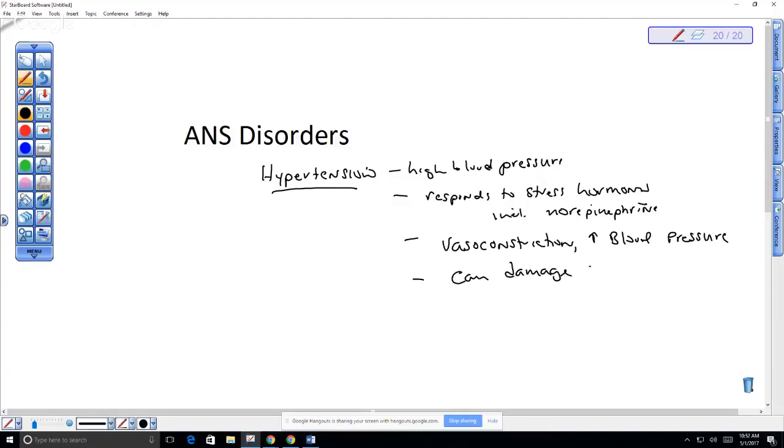It can damage capillaries. It can also damage blood vessels and lead to atherosclerosis, right? So it can cause kidney damage. And it could also lead to strokes. Right? And damage to blood vessels.